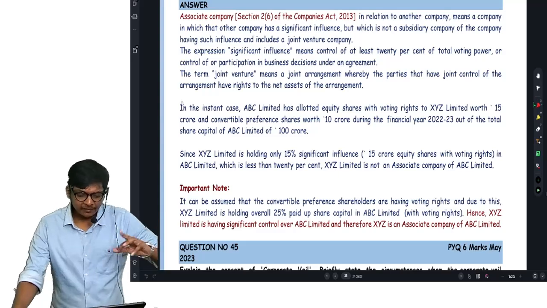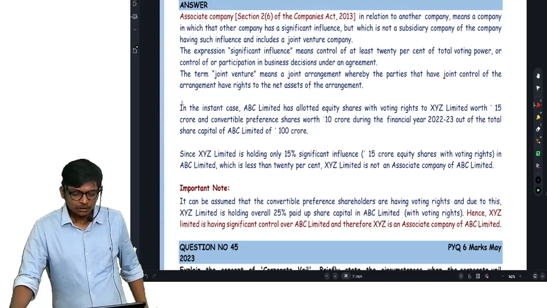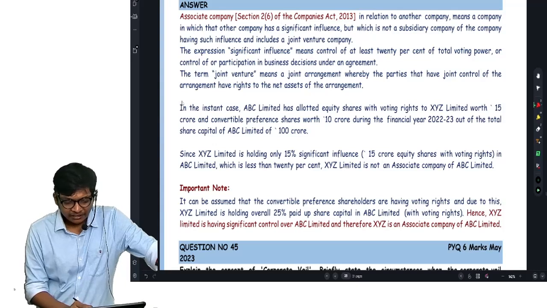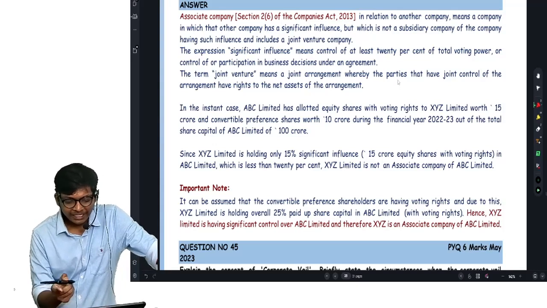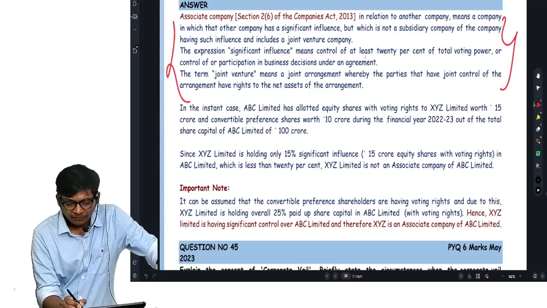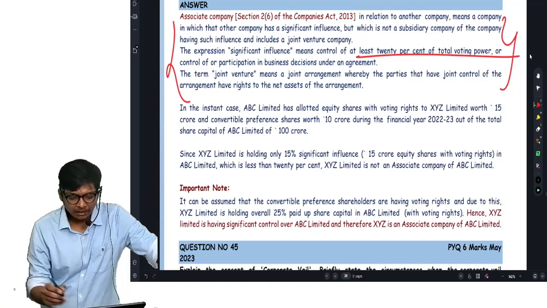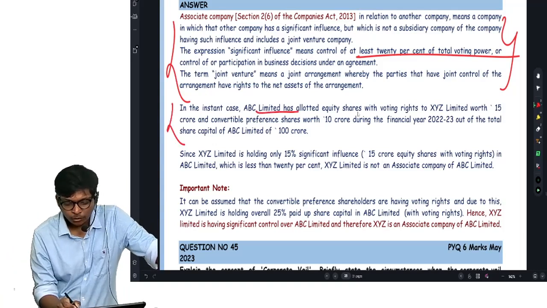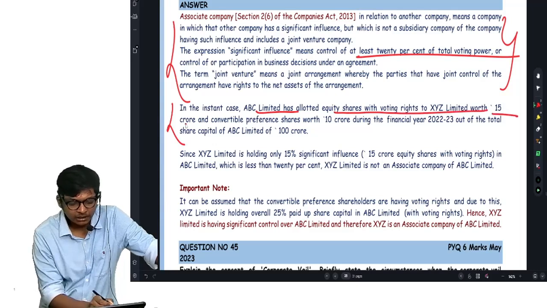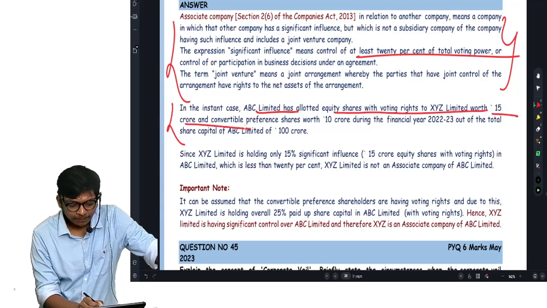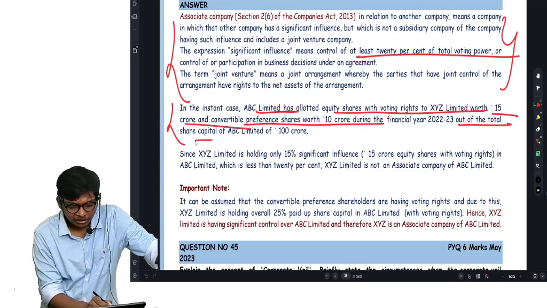Yeah, they have given both the answers, guys. First, they say I will not take, first giving the paragraph where you take 20% of total voting power provision. Then they say, in the instant case, ABC allotted only shares with voting rights, which is 15 crores, and convertible preference shares of the 100 total share capital.